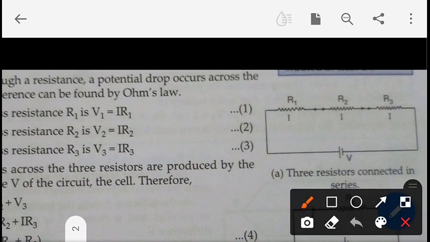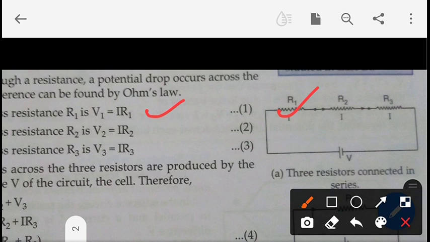Here if I want to calculate how much potential drop occurred over here, this can be calculated by using the formula V equal to IR. Here voltage is V1 across resistor R1, and current I is flowing through R1 as well as R2 and R3.